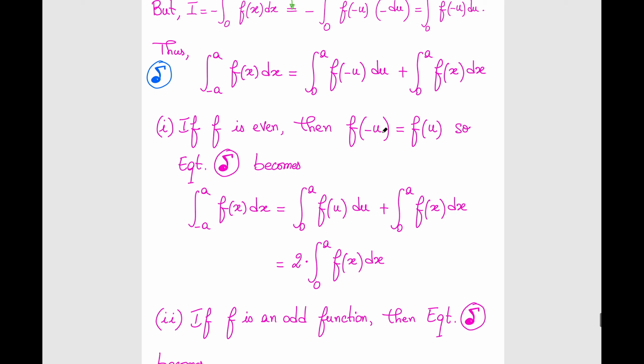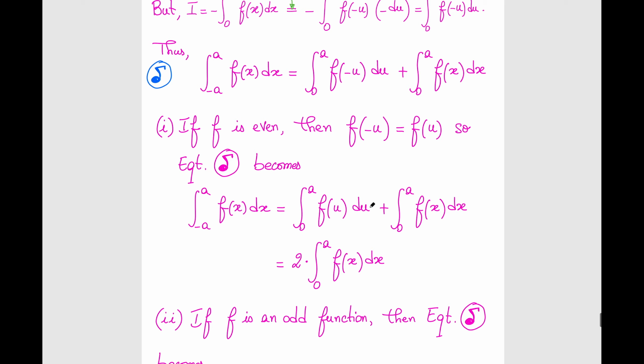So this is true, right? So the musical note equation becomes the integral from minus a to a of f(x) dx equal to this guy, but we just said f is even, so f of negative u is f of u. So instead of f of negative u, you can write f of u, plus the integral from 0 to a of f(x) dx. Right?